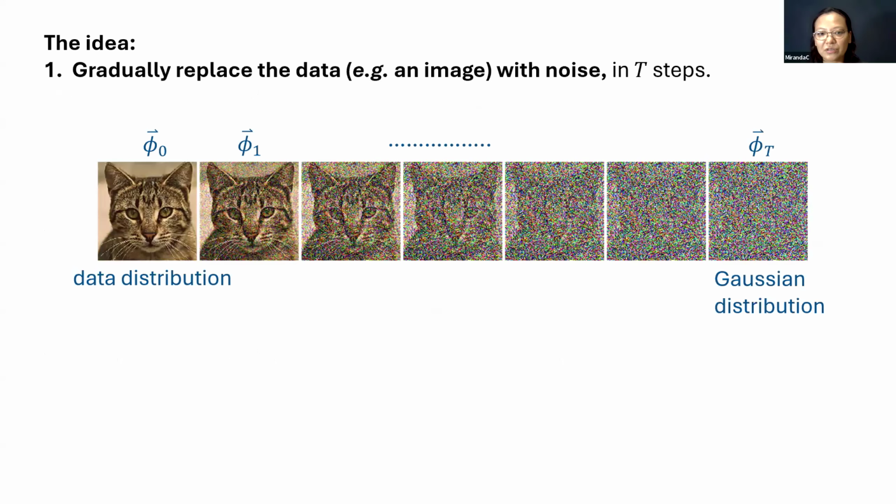Just in pictures, the idea is, first, what is diffusion? We gradually replace the data, in this case a cat image, with noise in, let's say, T steps. So you see that in these T steps, the image gets progressively noised out.